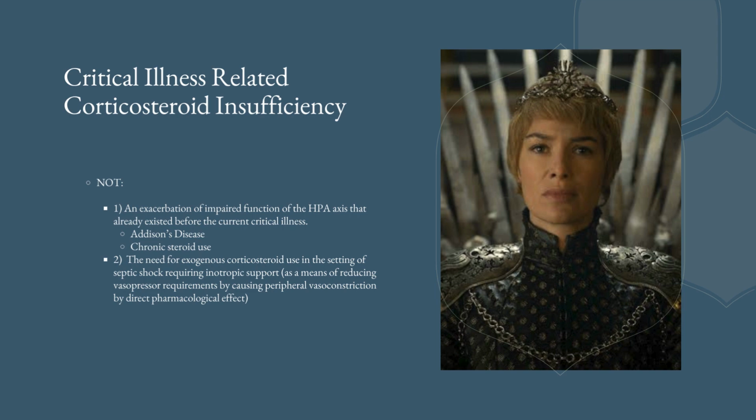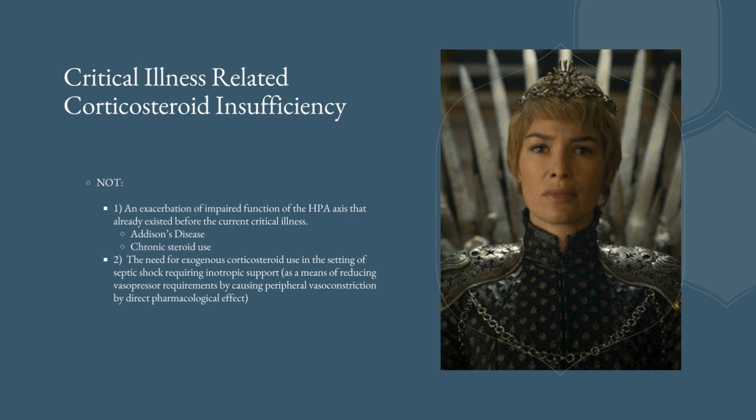This is like late 90s, early 2000s, when people started thinking about these patients that have what they termed relative adrenal insufficiency. And over the last 2 decades, a new term was coined in about 2018, CIRCI, or critical illness related corticosteroid insufficiency.